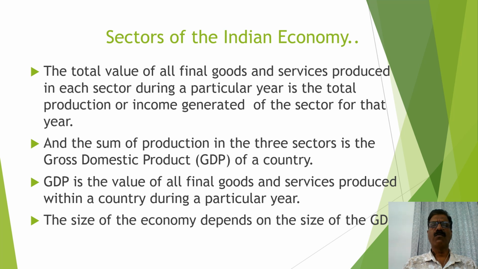GDP is the value of all final goods and services produced within a country during a particular year. The size of the economy depends on the size of the GDP. So what is GDP? GDP is the money value of all final goods and services produced in a country during one year.